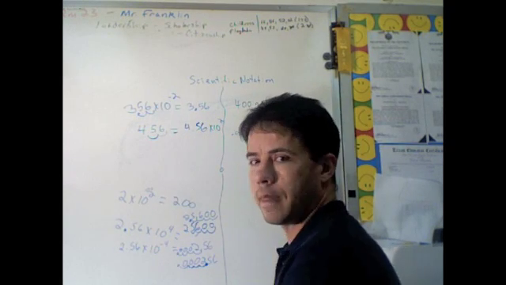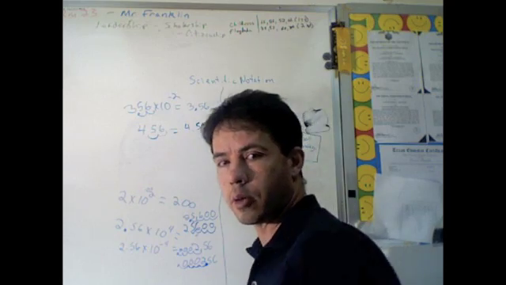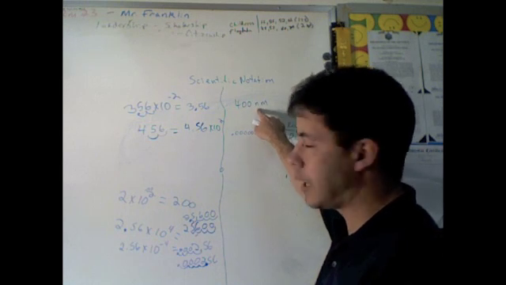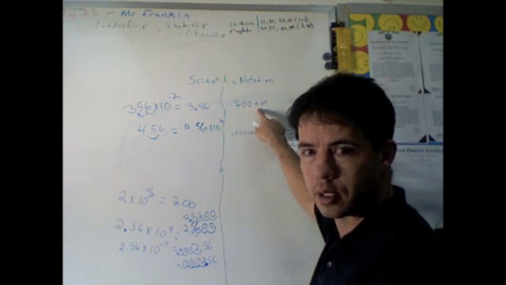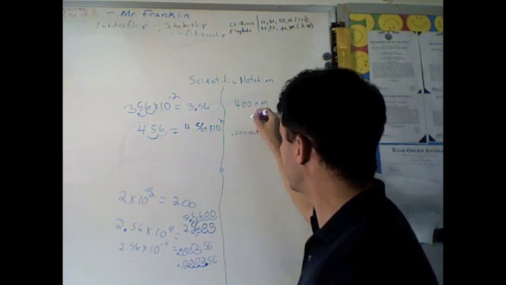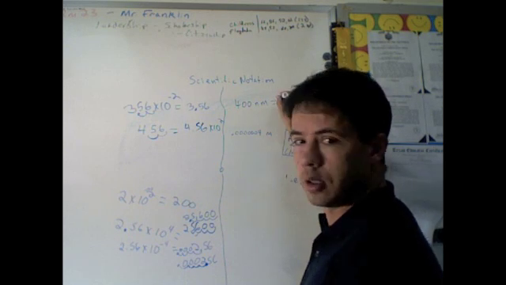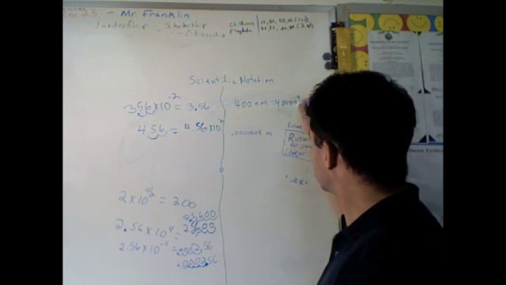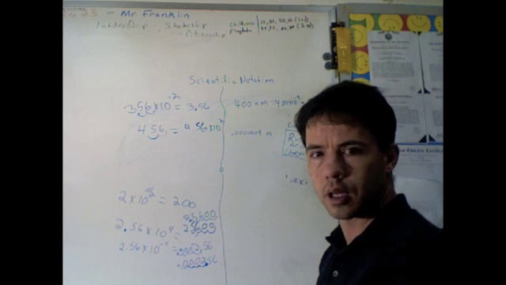Okay? Now, here's the reason we're going to be talking about this. We're going to be talking about light that uses nanometers. 400 nanometers could also be written as 400 times 10 to the negative 9th meters. Okay?